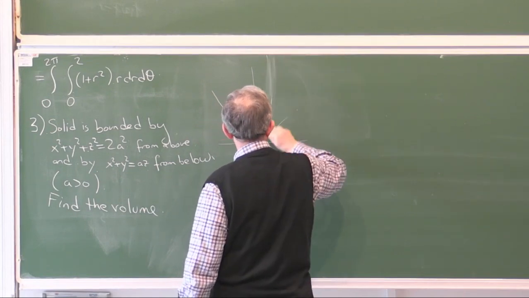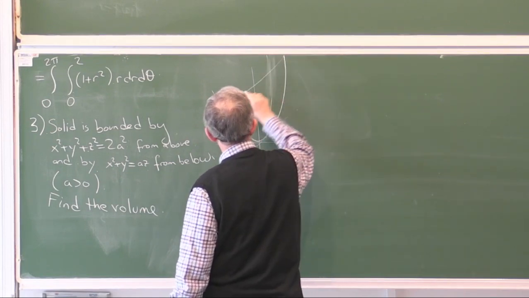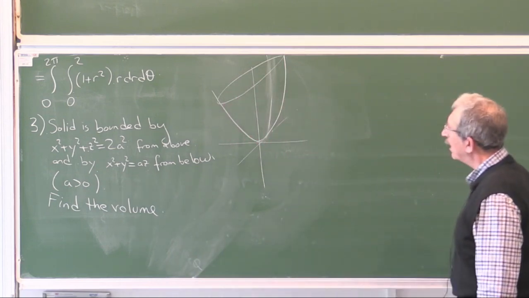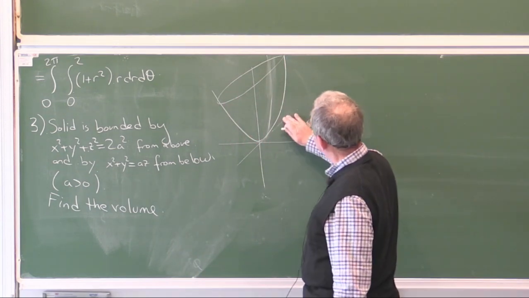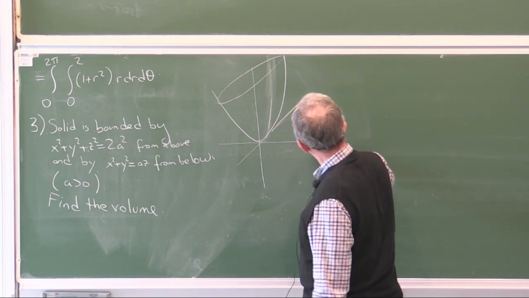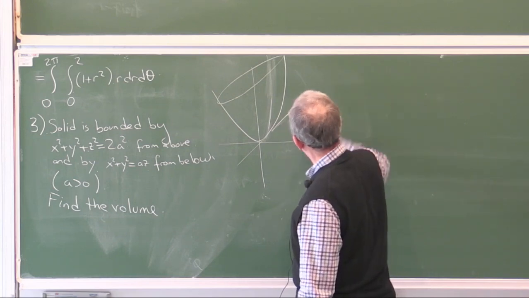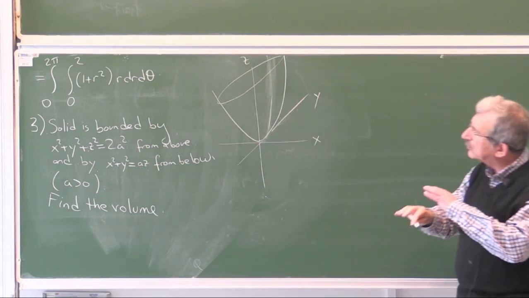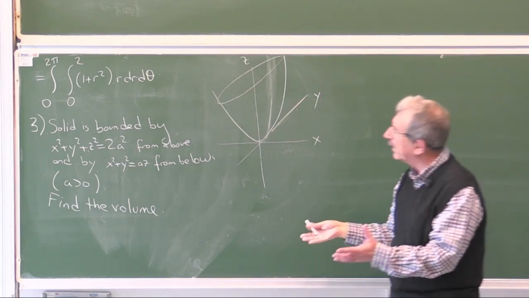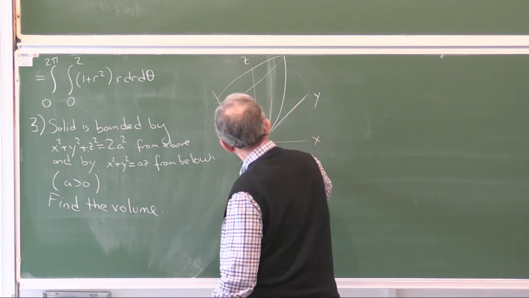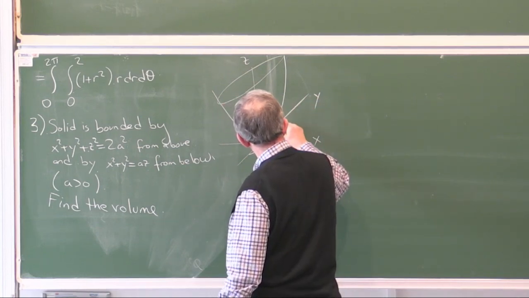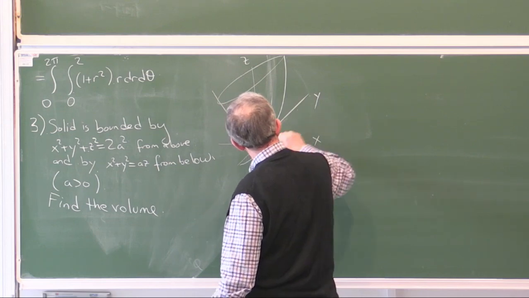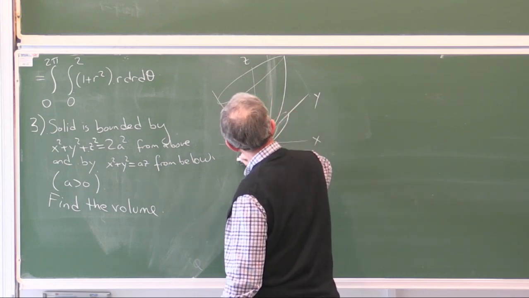We have a paraboloid. This is the paraboloid. These are my x's and y's. This is my z. And I intersect this with a sphere, let me say a large sphere like this.